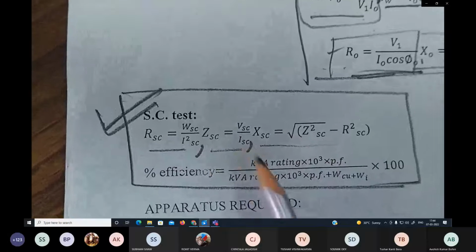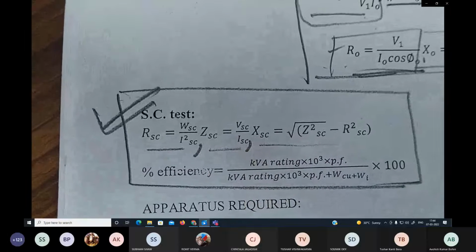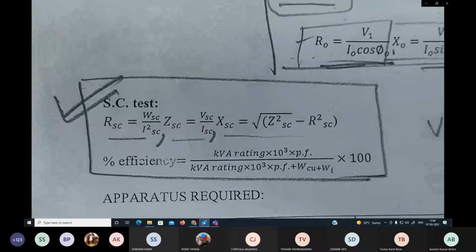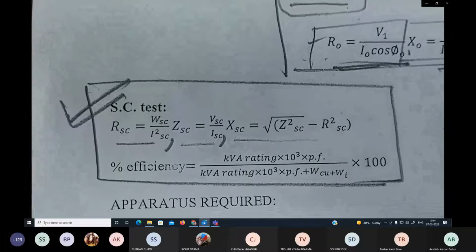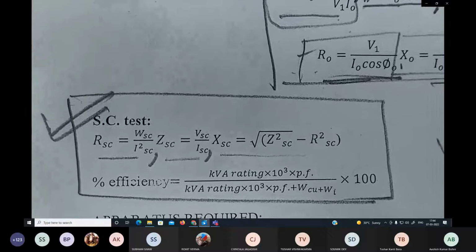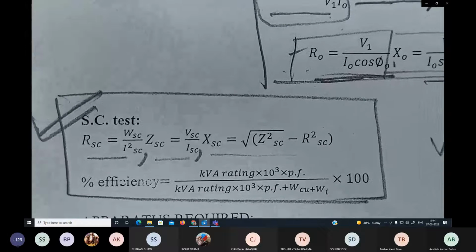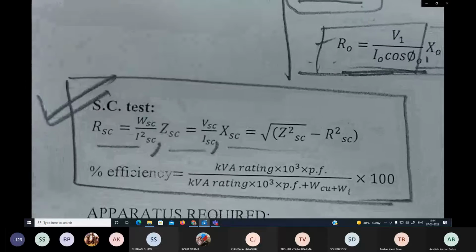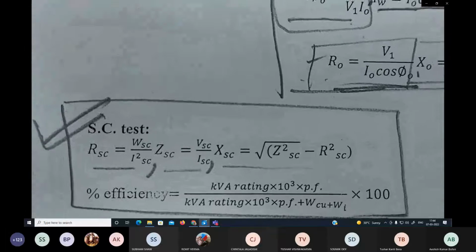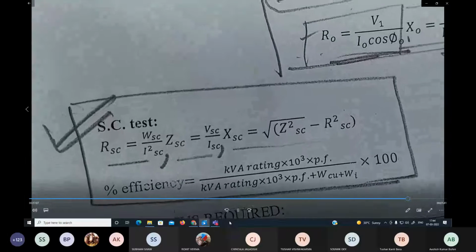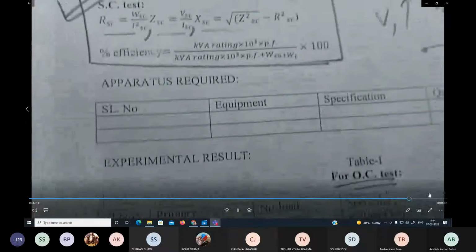RSC, XSC and ZSC are all equivalent circuit parameters, which have been explained in the discussion classes. We need to take the values of the wattmeter, ammeter and voltmeter so that we can get these values. RSC will be calculated by dividing the wattmeter reading by the square of the short circuit current.